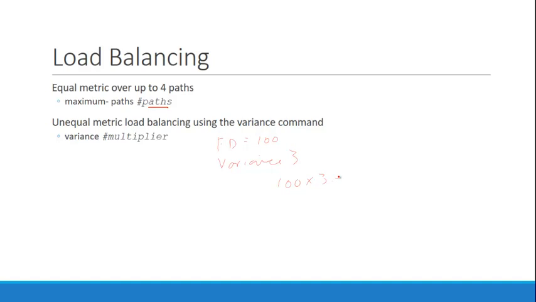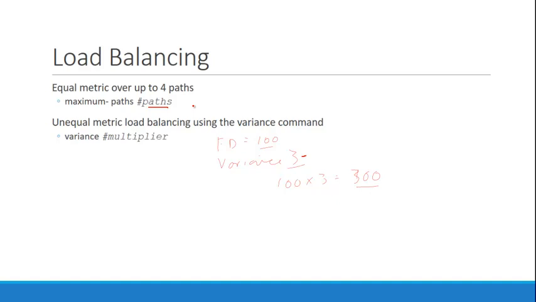Then all the routes between 100 and 300, within our variance, can automatically be put into the routing table. So that's how we get unequal metric load balancing. If our metric is 100 and our variance is 3, variance is just a multiplier.